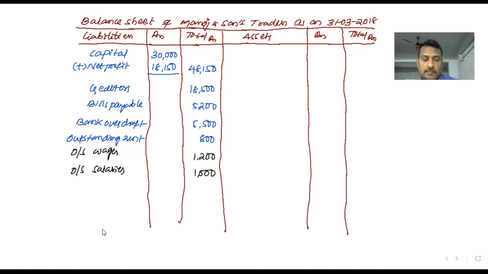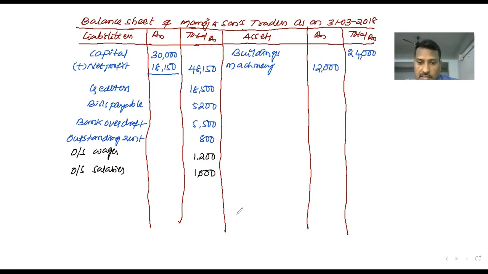Okay. Let's see. So asset side. Let me record on the asset side. Buildings. Value of the buildings 24,000. Machinery. Value of the machinery 12,000.